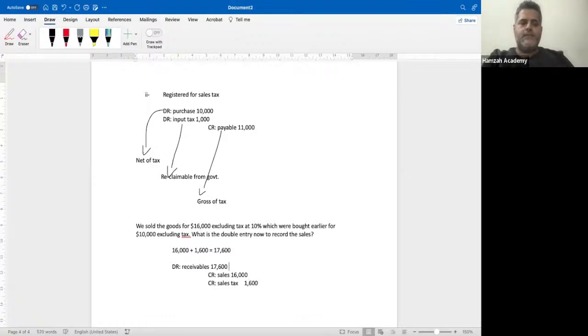This receivable of 17,600 is going to be gross of tax, sales net of tax, then the sales tax. This is the tax liability over here, right? So if we look at the whole scenario, input tax is 1,000, and the output tax collected over here is this 1,600, right?